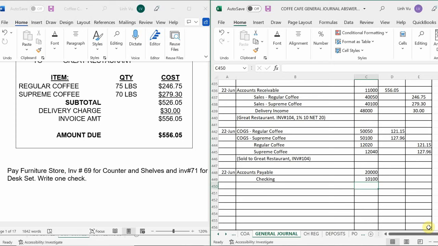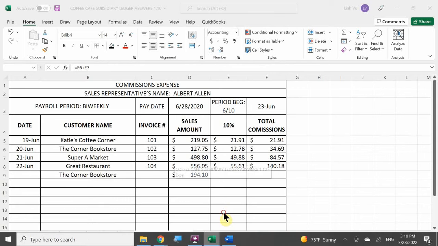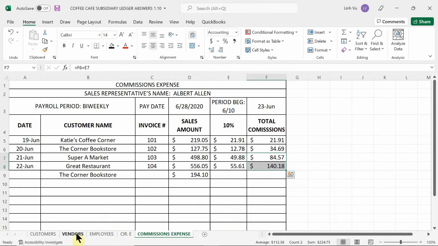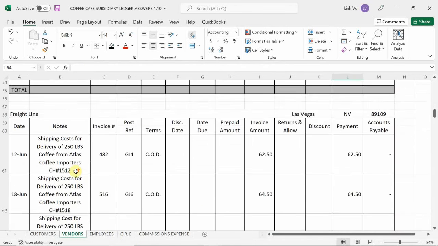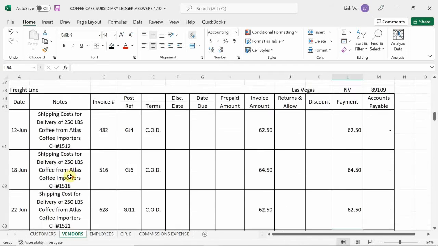So we can go to the purchase orders to look for it, but where should we actually go? The subsidiaries. The subsidiary ledger. So in this case, that's going to tell me exactly how much I owe for a particular person. So if I go to vendors and I look up furniture store.